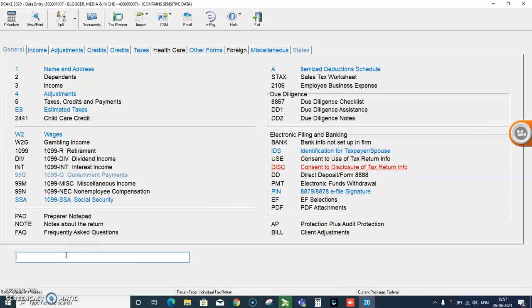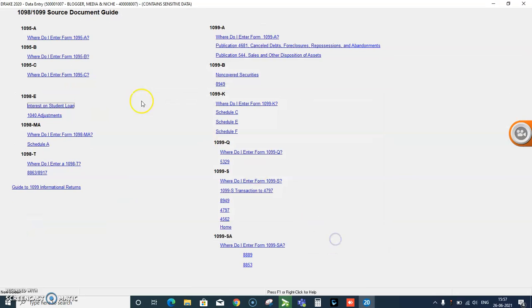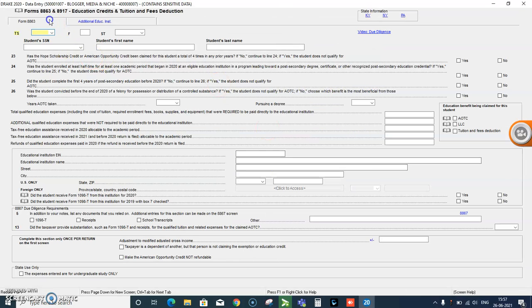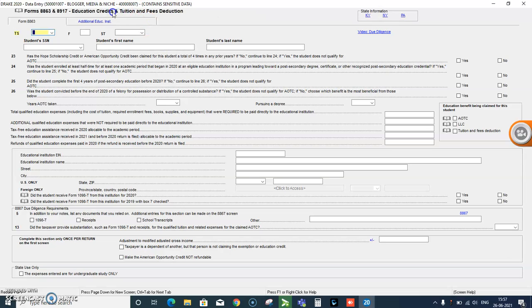So now we have to report the amount in Drake. Guys, you have to load the screen for 1098-T, form 8863 and 8917, education credit and tuition and fees deduction. So basically 8863 is for education credit and 8917 is for tuition and fees deduction.